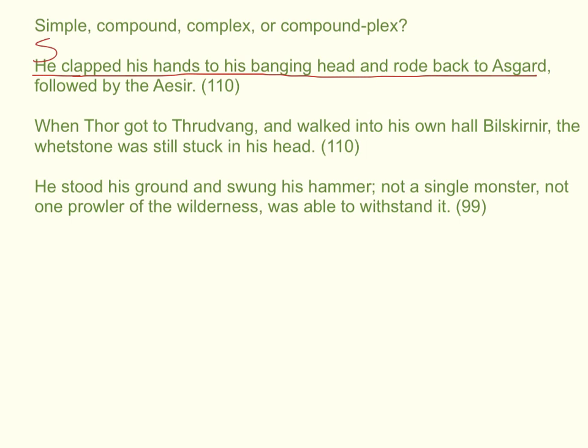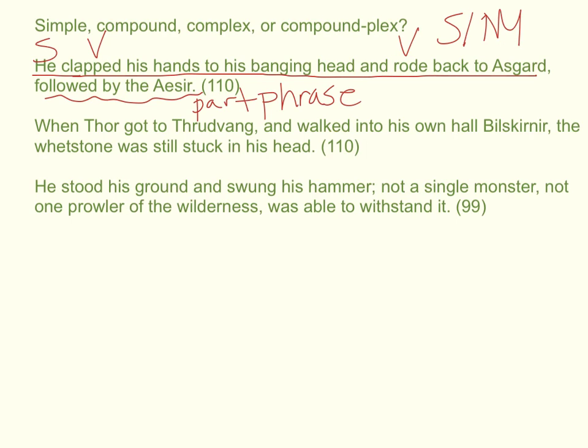It's got one subject, 2 verbs, then it's got a participial phrase, but phrase, number, and type never matters. So it is just simple because there is only one independent clause, and that's it.